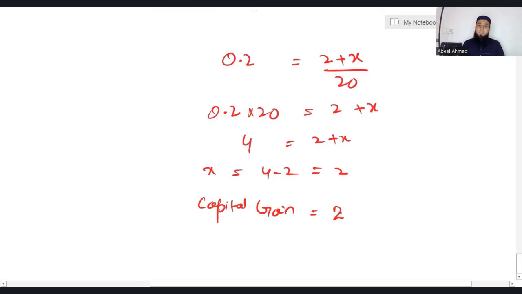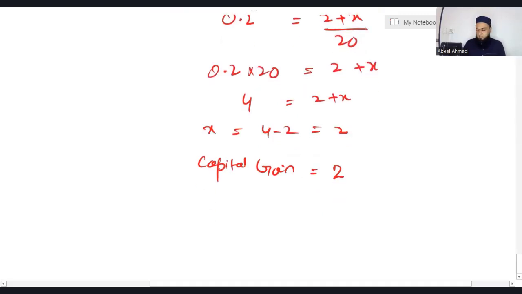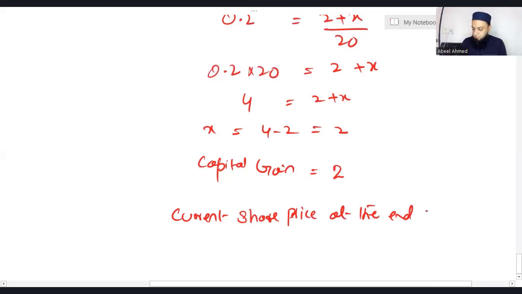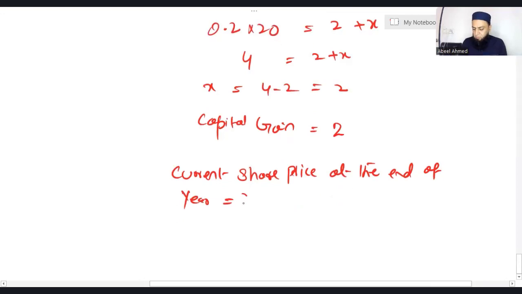The requirement is to calculate the current share price at the end of the year. All you need is to take the current share price at the start of the year, which is 20, and add capital gain.